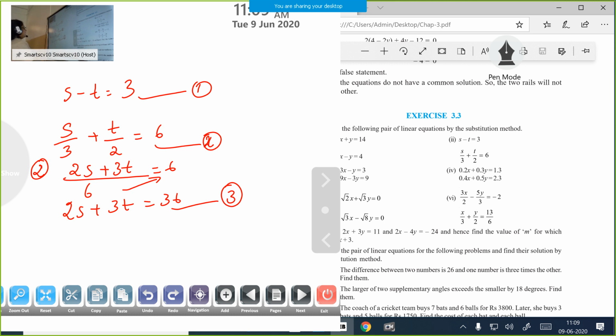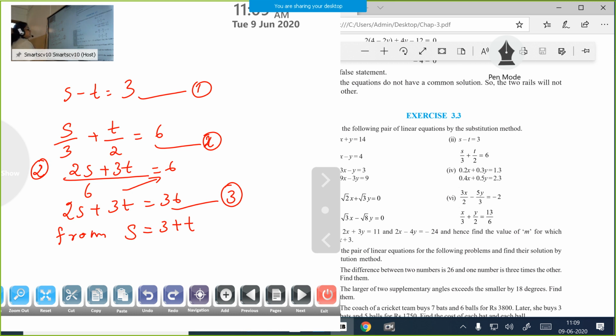Then from the first equation, take the value of s: s is equal to 3 plus t.